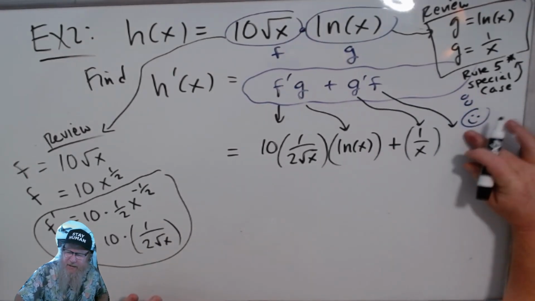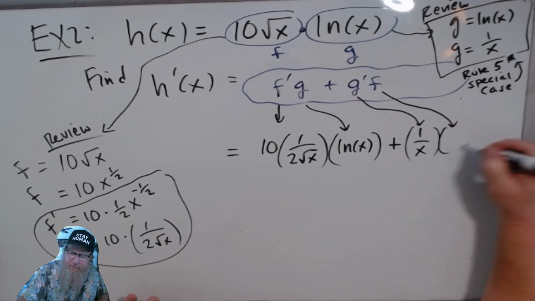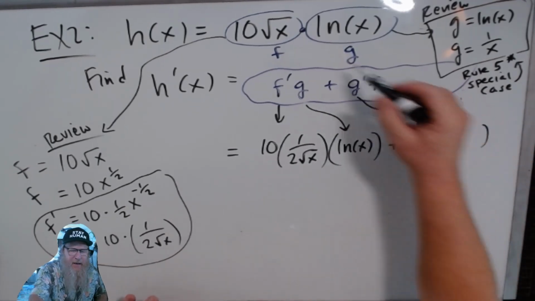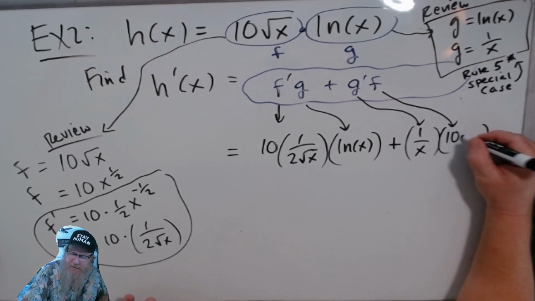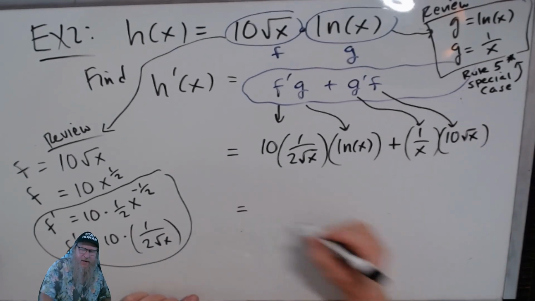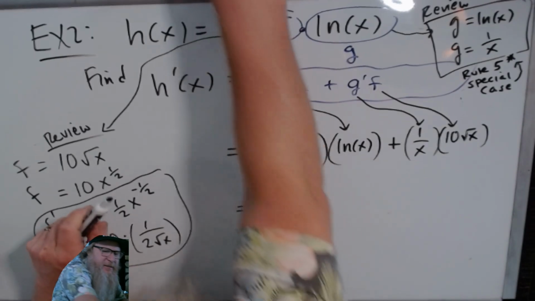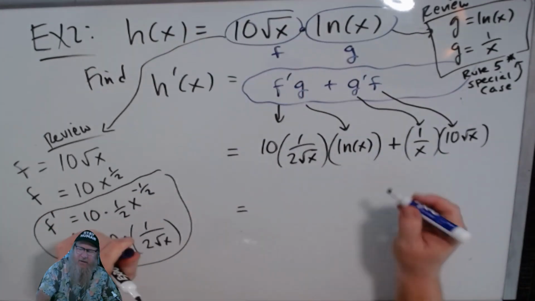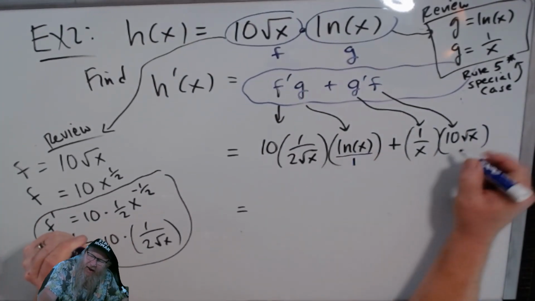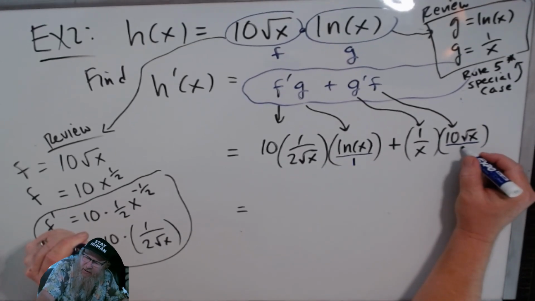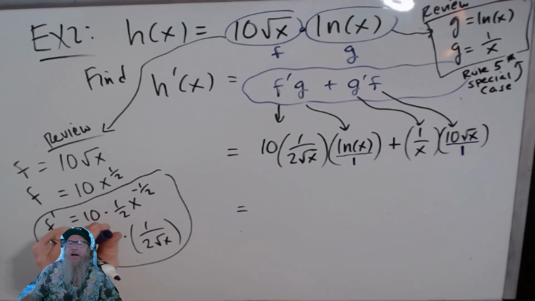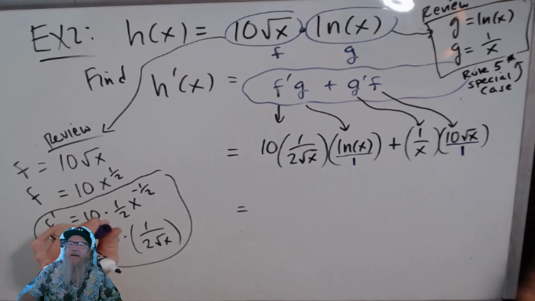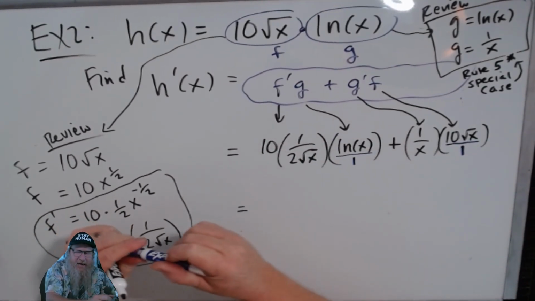And then finally, f is just back to being 10 square root of x. Be careful with fractions. These technically are fractions, these two terms, with an invisible 1 in the denominator. That's to keep your fractions lined up.